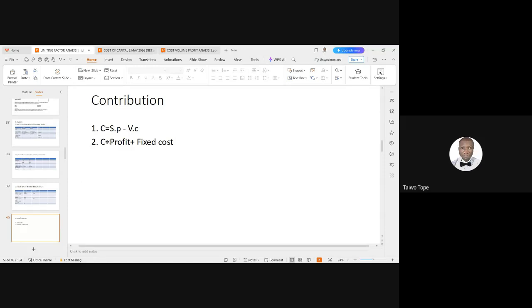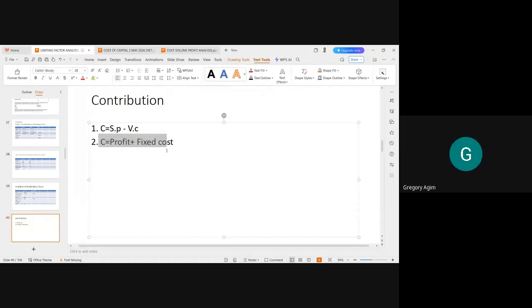Now, in this equation, can we locate our total contribution? We can do that, since we have contribution per unit. Total fixed cost, can we locate it in the question? Yes, the 20,000. So if we can locate it in the question, it will be much easier for us to determine our profit, right?